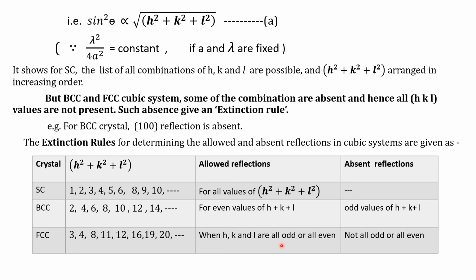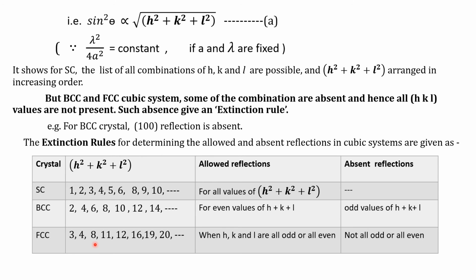Or all are even, for example 2, 0, 0. But 2, 1, 0 is not allowed, since one of the terms is even and the others are odd. That is not allowed. It must be all odd or all even.